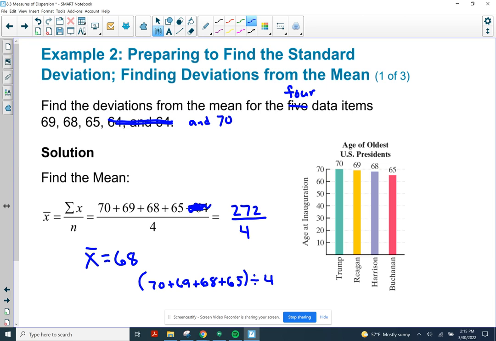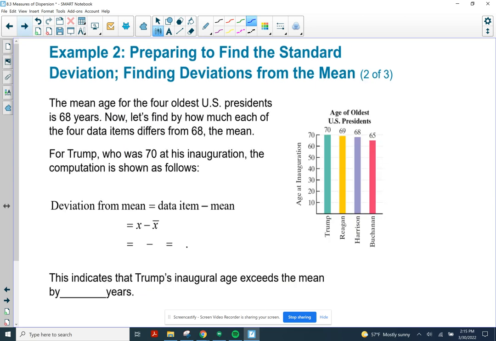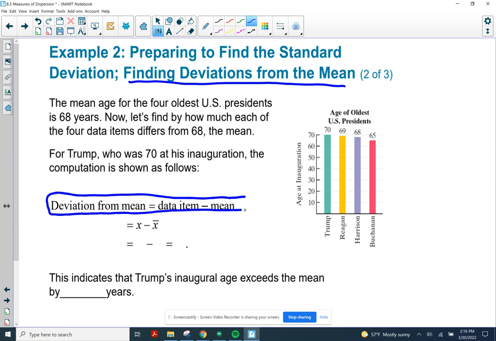Okay, let's keep going. The first thing we have to have for calculating standard deviation is we need to find the mean. The second thing we need to do is find the deviations from the mean for each of the data items that we have. If the mean age for those 4 oldest presidents is 68 years, we now need to calculate the deviation from the mean, which is just the difference between the data item and the mean.